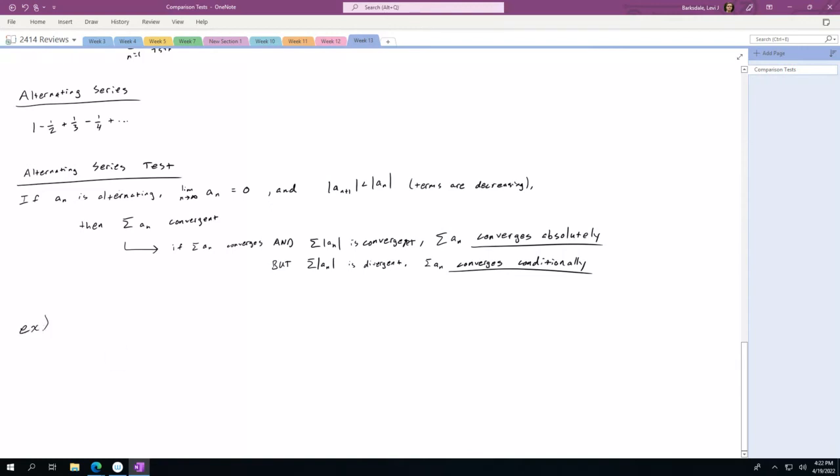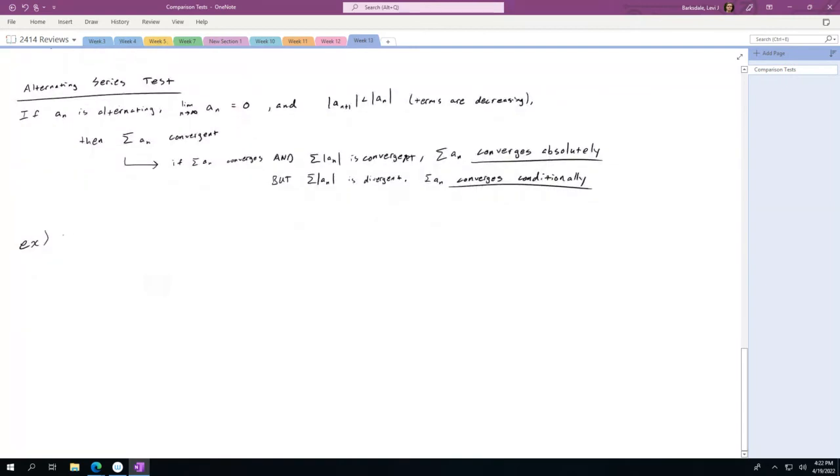So let's do a quick example. Let's say we have the sum from 1 to infinity of negative 1 to the n times 1 over n. Well, I'm going to say that my a sub n is 1 over n. The other part just makes it alternating. So I can see that the limit as n goes to infinity of 1 over n is equal to 0.